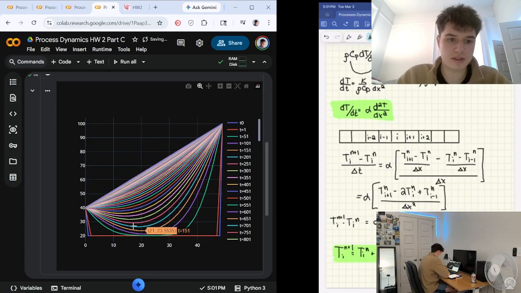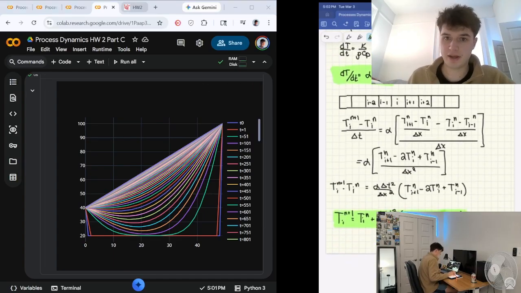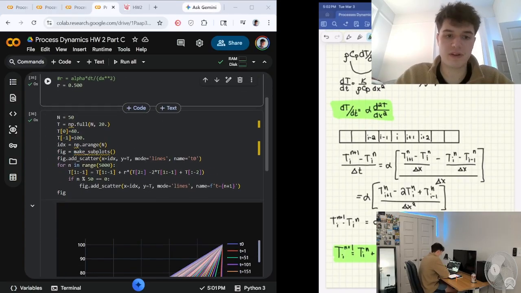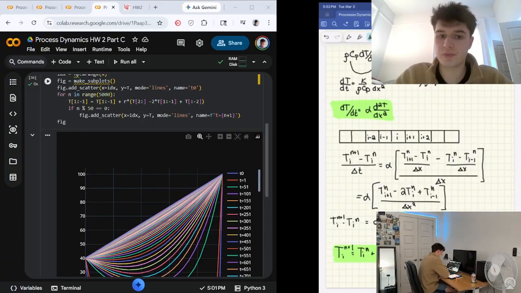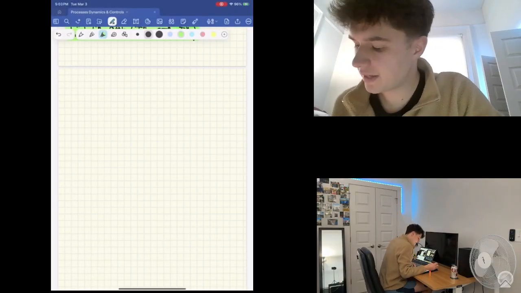And as you go along with time, this temperature sometimes will slowly dip and go up, or sometimes it's just a linear increase. So now we will actually show you why this is important. On my iPad here, we will work through this to show why this R value has to be 0.5 or lower, and prove why that's a fact and not just an opinion. So let's begin writing out some things.